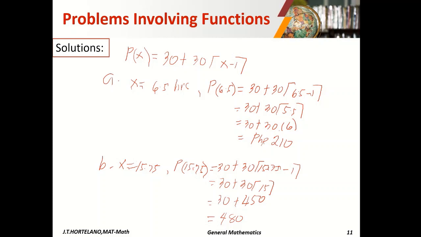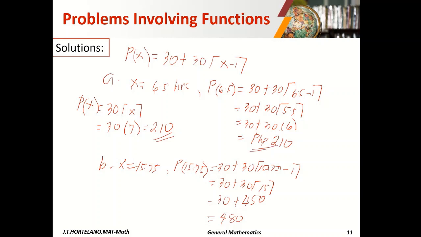So, there's another solution naman. So, actually, pwede naman nating isulat yung function rule as simple as P of x is equal to 30 times ceiling of x. Pwede naman ganyan. So, yung una, 6.5. Ano bang ceiling ng 6.5? 7. So, this will become 30 times 7, which is 210.